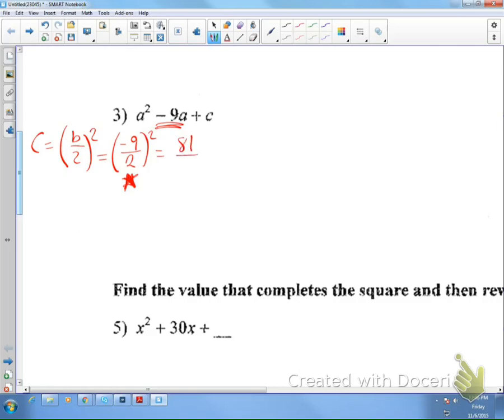Over 2 squared. Davin, what's 2 squared? 2 times 2. That's what 2 squared means. 4. Okay, this is our C value. I'd rather you use the fraction. So 81/4 is actually a decimal, but remember the C is the number of green tiles we're putting in the corner to complete the square.